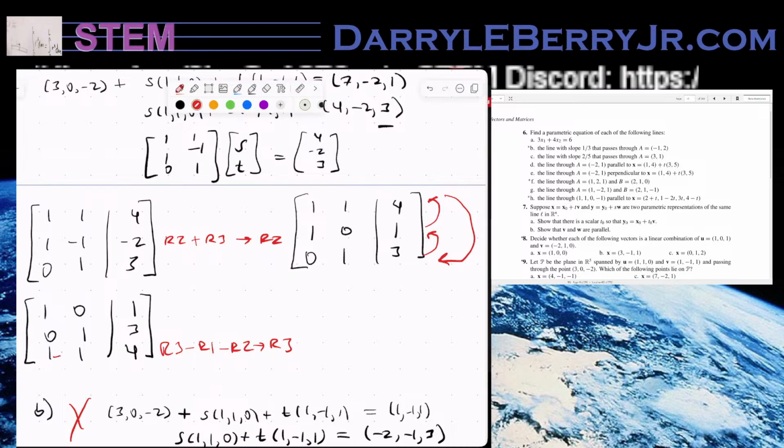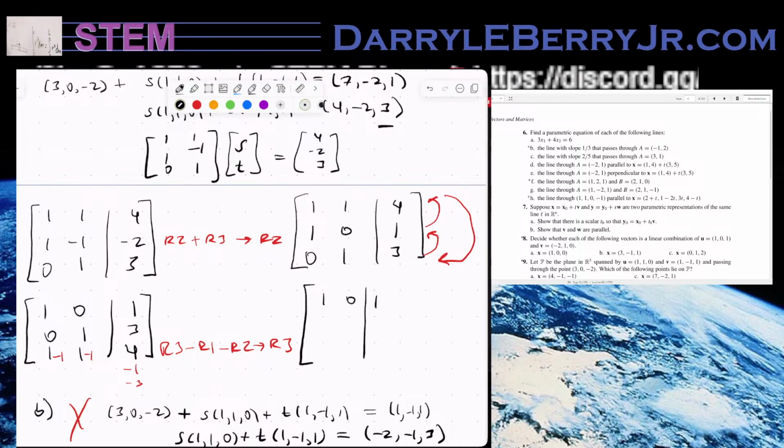So that's minus 1 and minus 1, and minus row 2, that's minus 1 and minus 3, equals row 3. So that becomes 1, 0, 1 and 0, 1, 3 and 0, 0, 0, which works out.